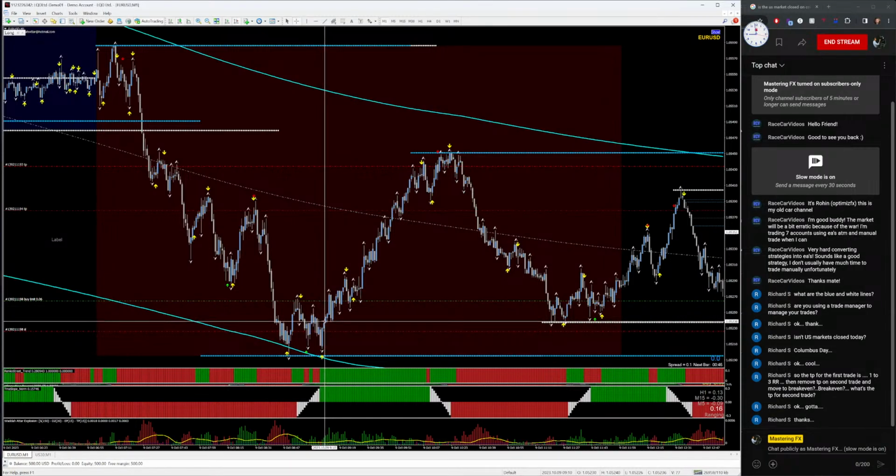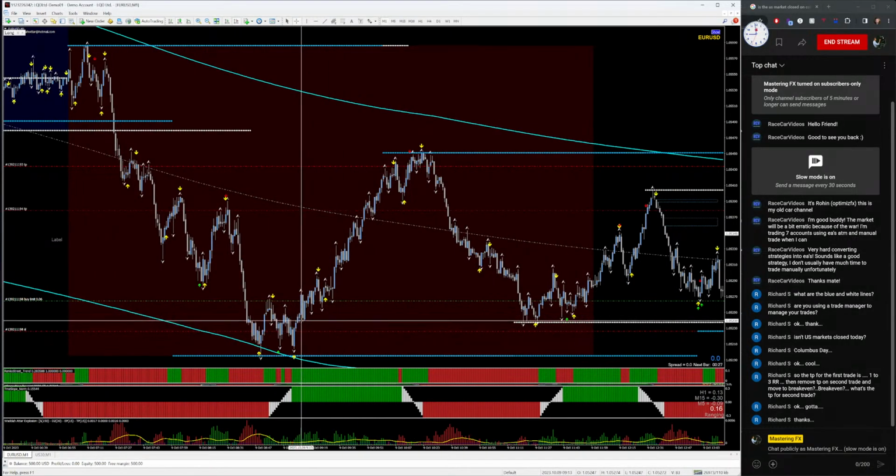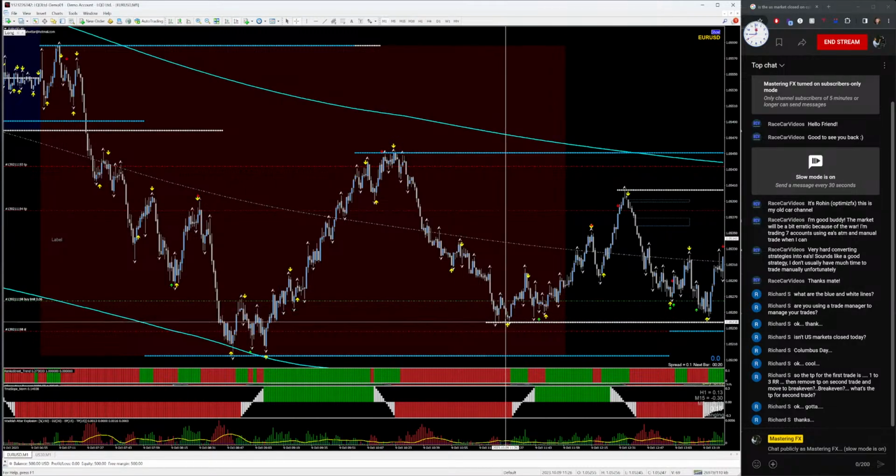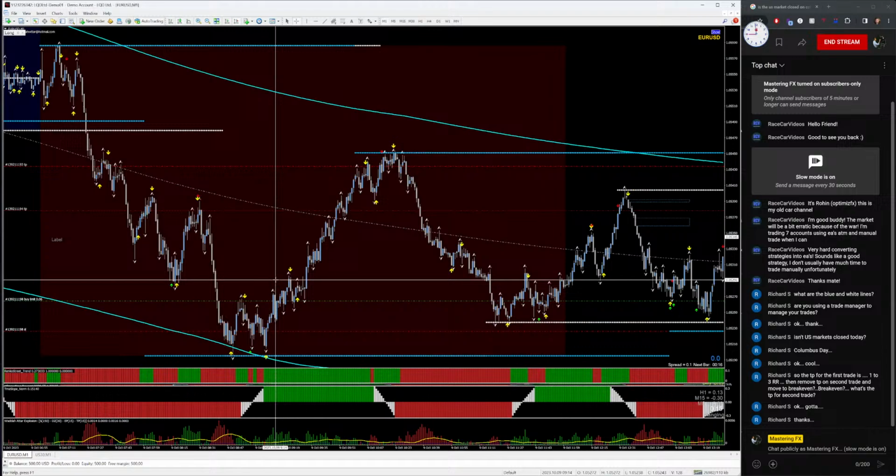Let's see. There was a fair value gap here to the pip right there, and you can see price went way more than 1, 2, 3 up before it came back, and then made that entry. So there's no reason.